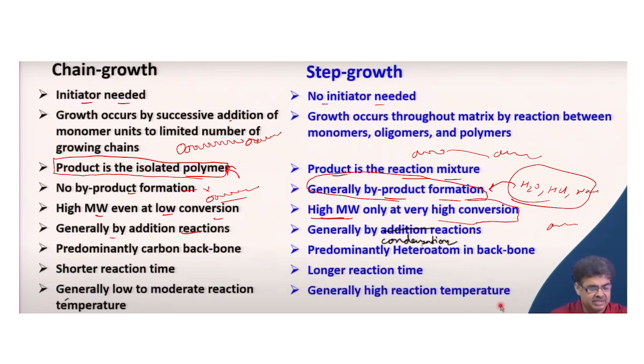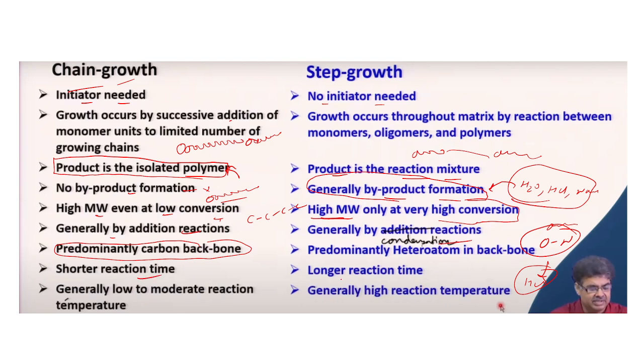Chain growth is done by addition reaction and has a carbon-carbon backbone, but step growth is done by condensation reaction, so bonds like C-O and C-N will be formed along with a condensation molecule. So heteroatoms will be in the backbone.